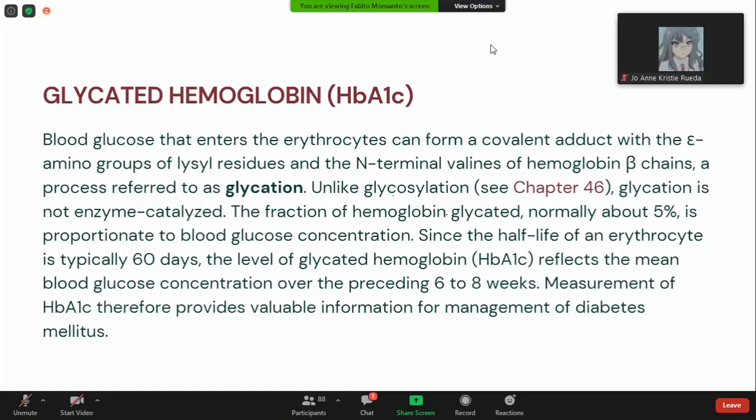All right. The problem there is that your cells in insulin resistance do not have a receptor for insulin. Now remember that your insulin cannot get inside the cell unless it binds to a receptor. Insulin is a water-soluble hormone.